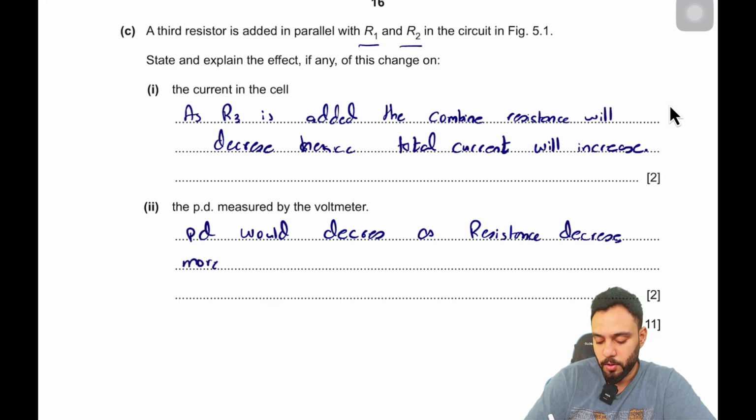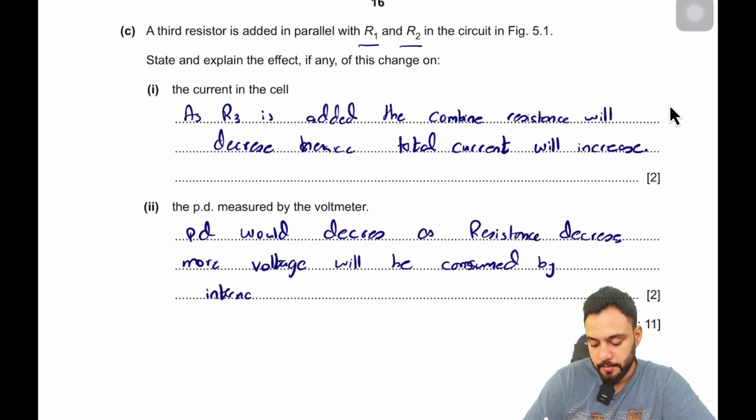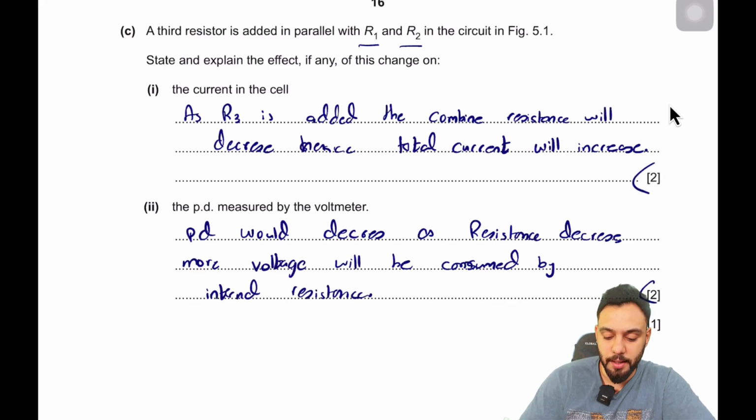More voltage will be consumed by internal resistance. So the answer goes along these lines. That's pretty much it for question number 5.